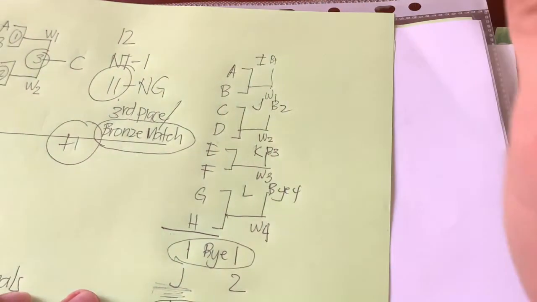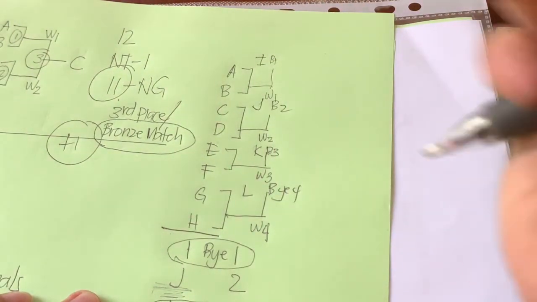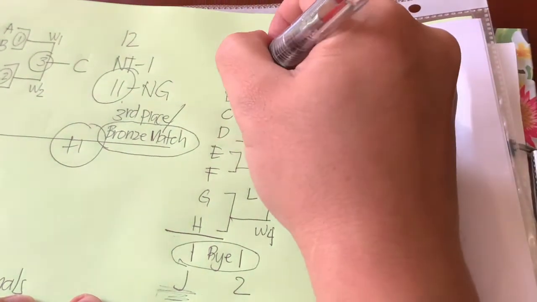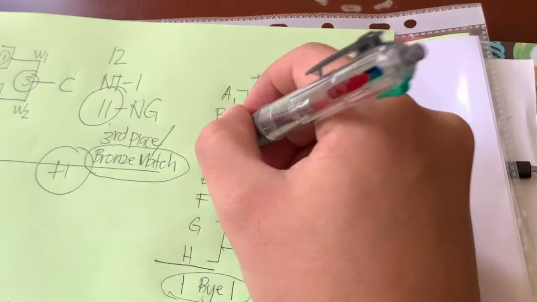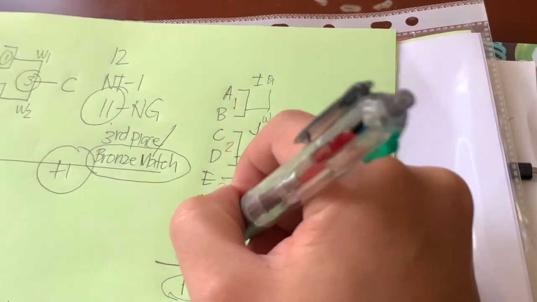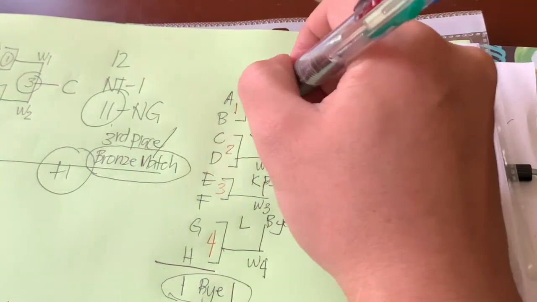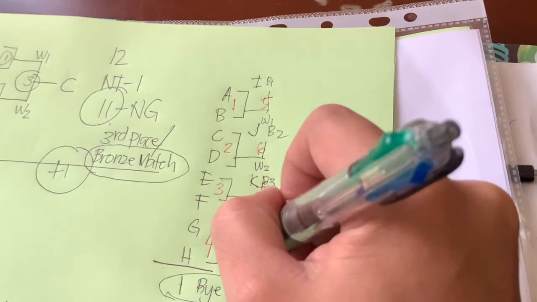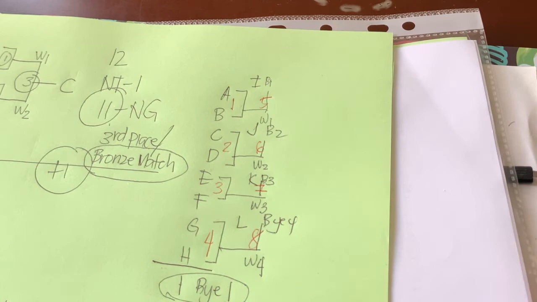So it will be this. If this is, let me just use another pen here. So this will be game 1, game 2, game 3, game 4. This is game 5, game 6, game 7, and game 8. We have 4 more. Okay.